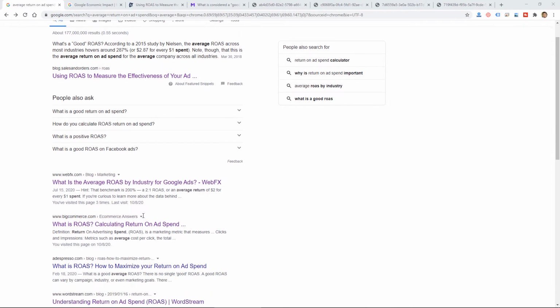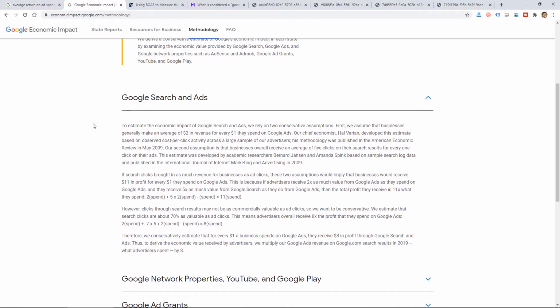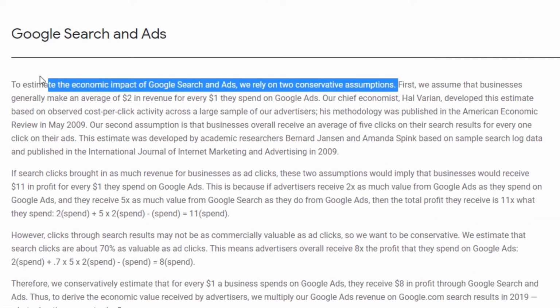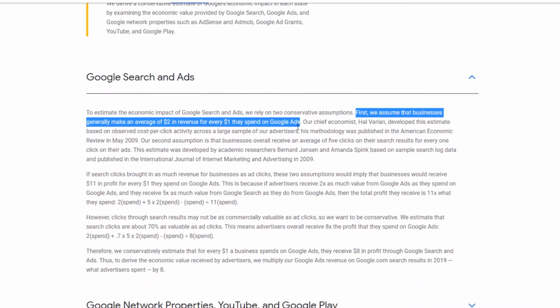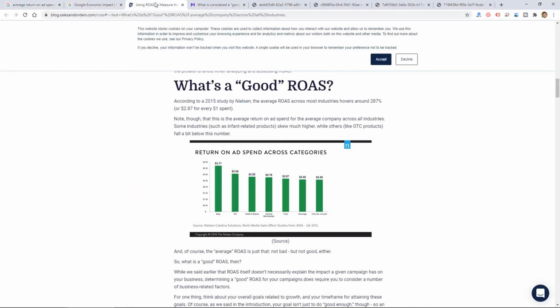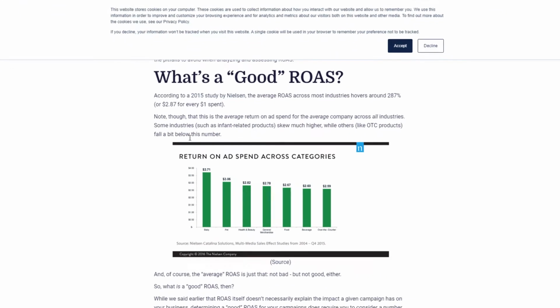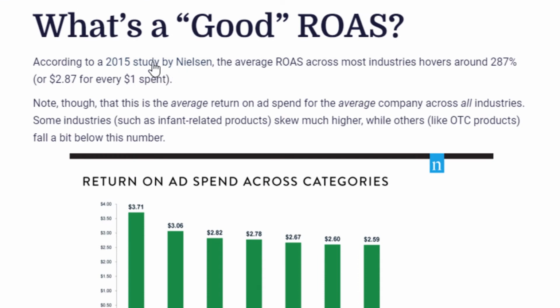So I first started with a Google search on average return on ad spend, and I did some research on some of these. I did come across some research from Google, and they start off by saying, first, we assume that businesses generally make an average of $2 in revenue for every $1 they spend on Google Ads. So that would be 2.0 for ROAS. If you look at some of these other search results, this one's from salesandorders.com, and they say from a 2015 study by Nielsen, average ROAS across most industries hovers around 287% or 2.87.